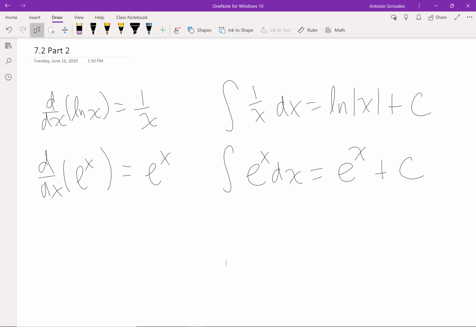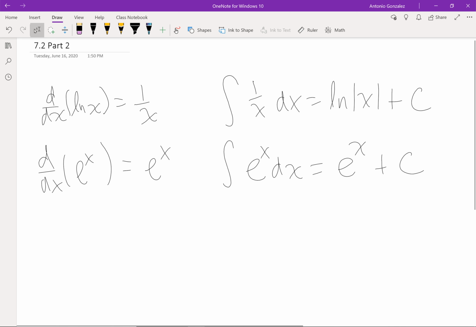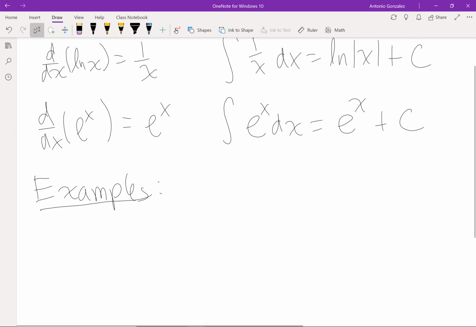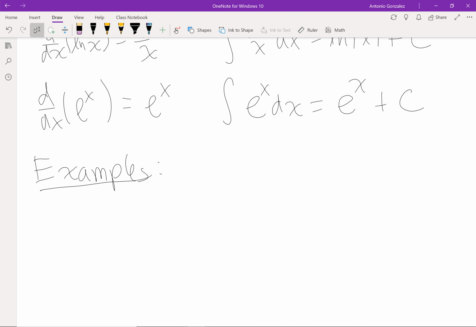All right, and again, rules like the chain rule will still apply. So, for example, let's say my goal was to find the derivative of this, right?